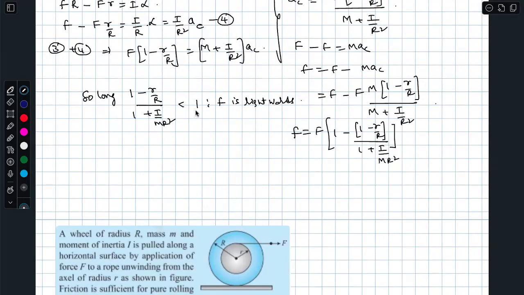Equal to 1, friction is 0. Greater than 1, friction is leftwards.